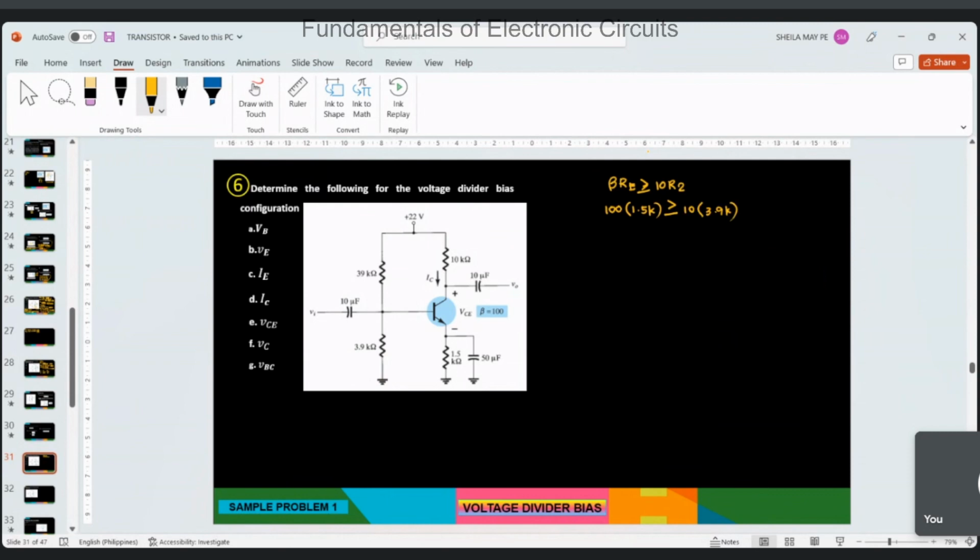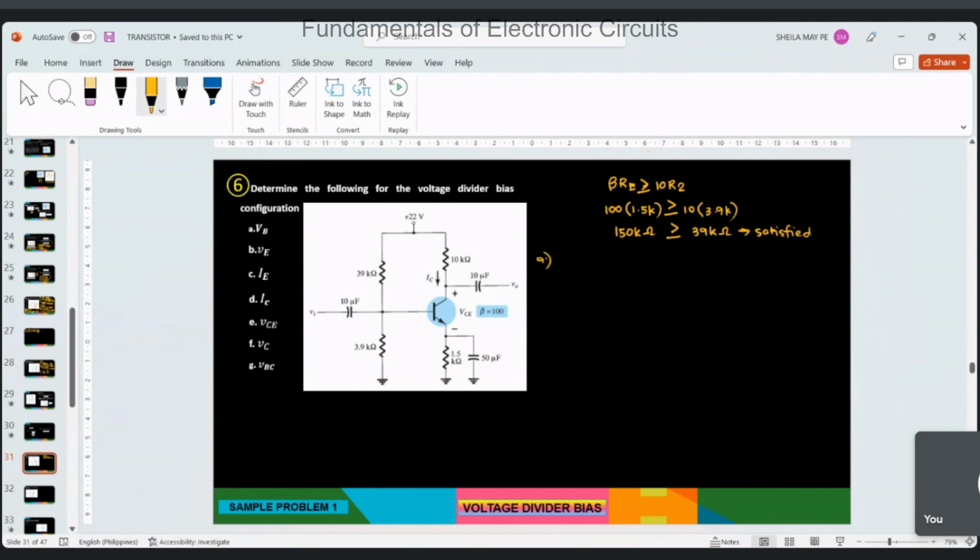Now this is 150K and this is 39K ohms. So therefore, the condition is satisfied, right? Therefore, we can apply the approximate analysis.